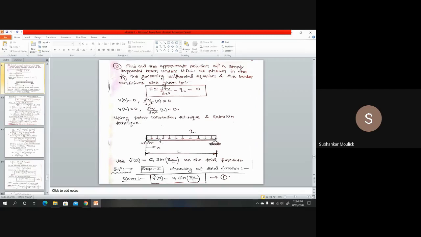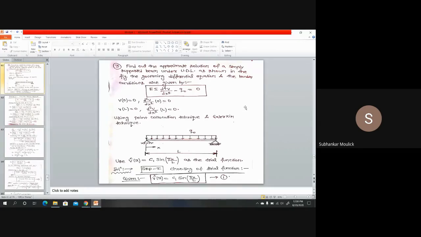V is your deflection. In the last problem, this particular term was U and the order of the differential equation was 2. Here, the differential equation is of 4th order. So E into I d4V upon dx4 minus q naught equal to 0. And the boundary conditions are V of 0 is equal to 0. That means value of V, which is the deflection, will be 0 when x is 0.